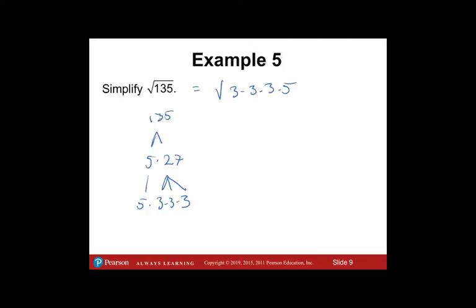Since we're doing square root, we're looking for groups of 2. And so here's one group of 2. So we're going to rewrite that as the square root of 9 times the square root of 15. And the square root of 9 is what? 3 times the square root of 15.